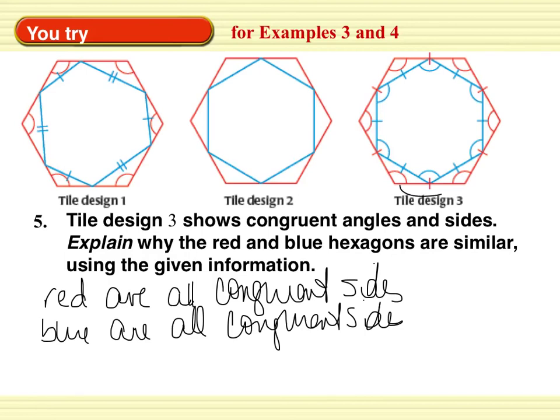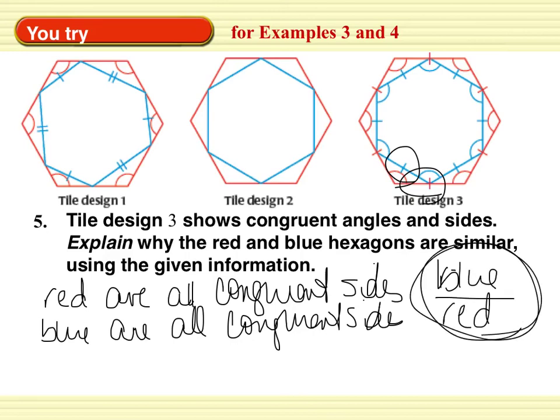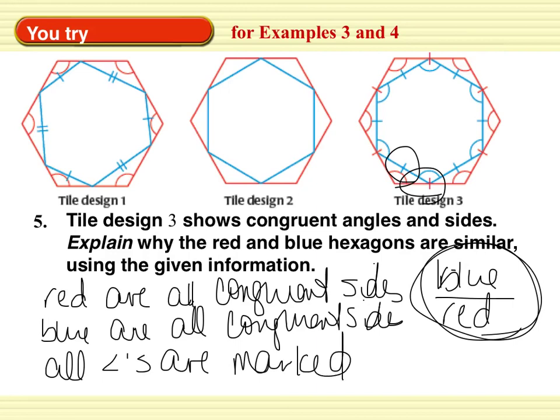So if you have congruent sides over congruent sides, the red over the blue is always going to give you a constant ratio. So we'll do blue over red because it gets smaller. If you measured the sides, blue over red is going to be constant. And all the angles are marked congruent. Okay, and the definition of similar means that the ratios of the sides need to be constant and the angles need to be congruent. And we met both of those needs in this example.